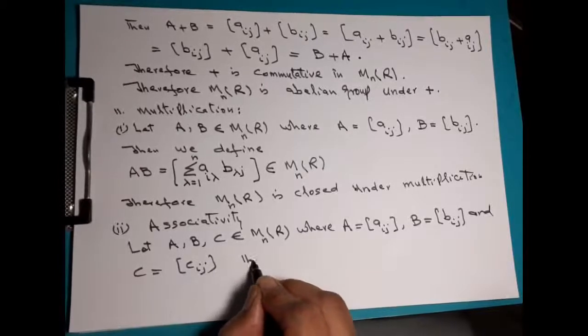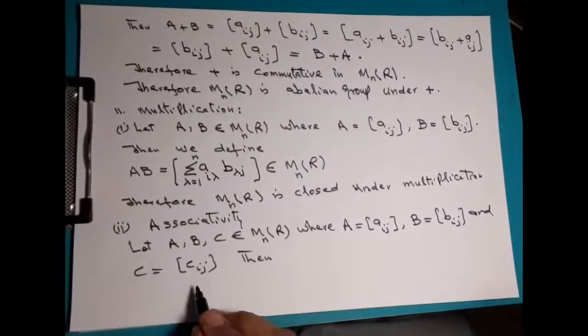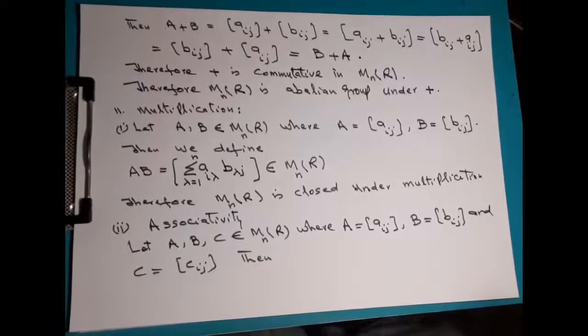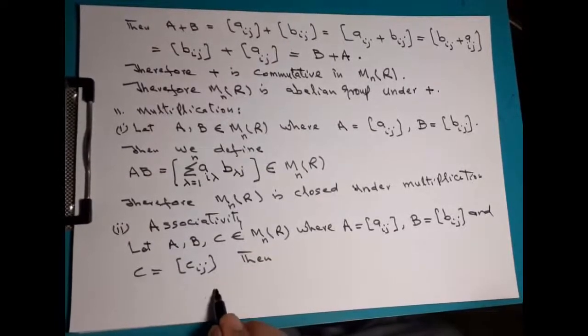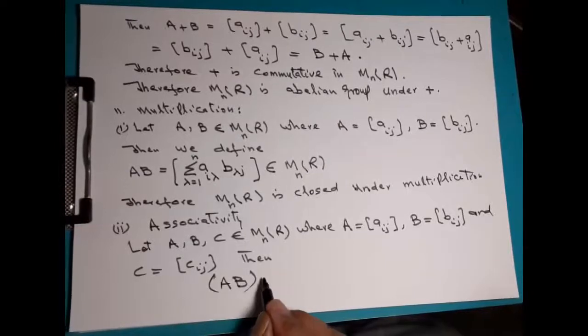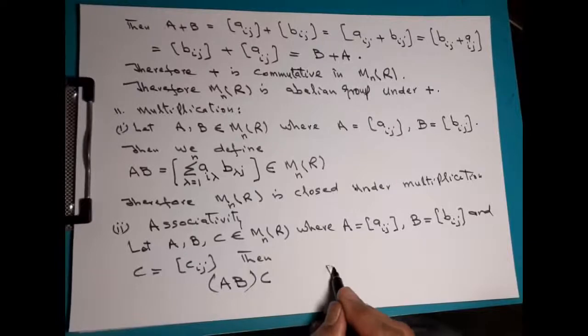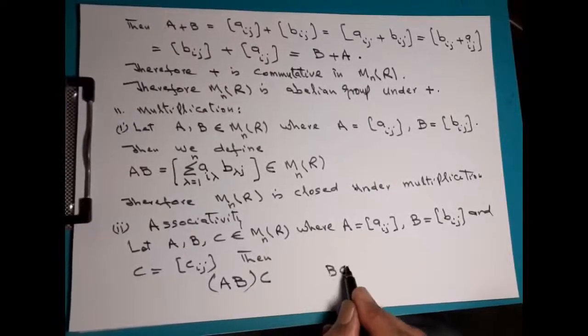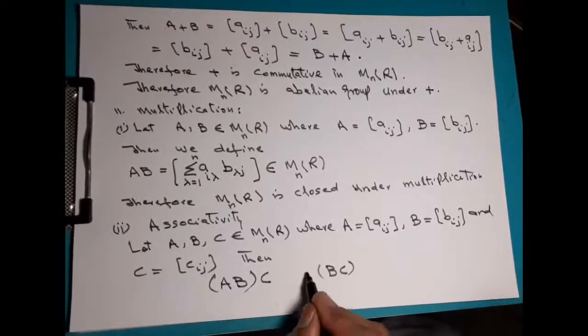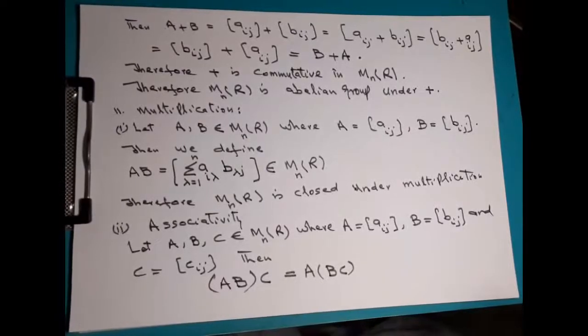Then if we multiply A with B and multiply the resulting matrix with C, or we multiply B with C and multiply the resulting matrix from left hand side with A, then these two results have to be equal. So this is what we have to establish.